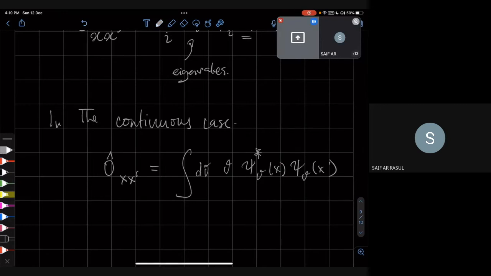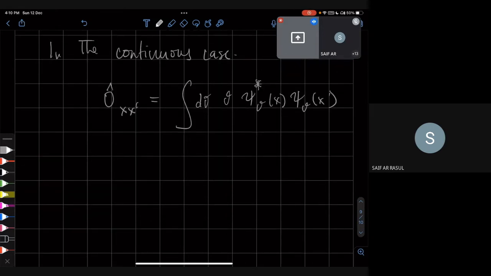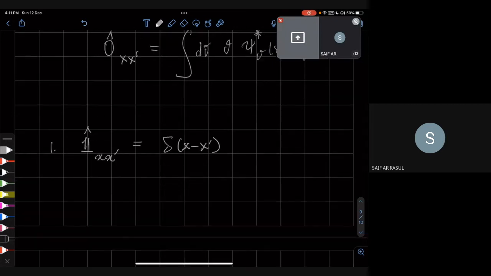So let's do some examples. The easiest example is, say, the identity operator and its x x prime matrix element. We know from previous lectures that this is just the delta function.